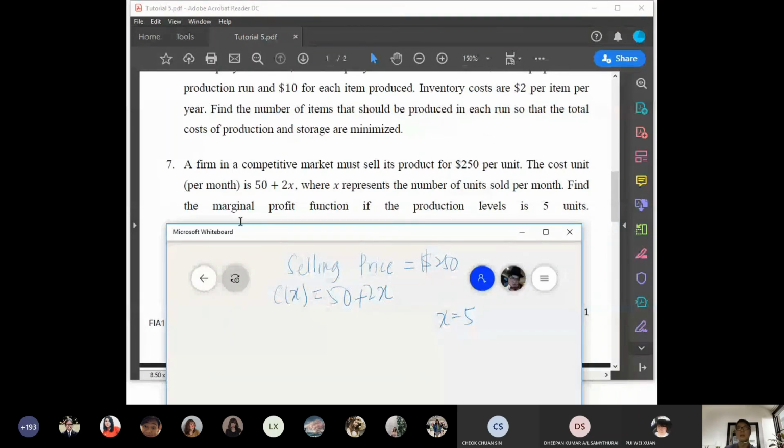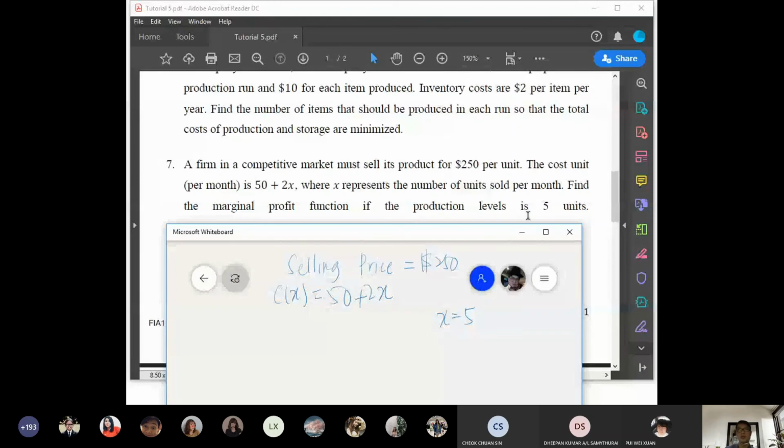Okay, so right now, first, according to the question, the cost per month is 50 plus 2x. So this is the cost function, 50 plus 2x, and the x represents the number of units sold per month.